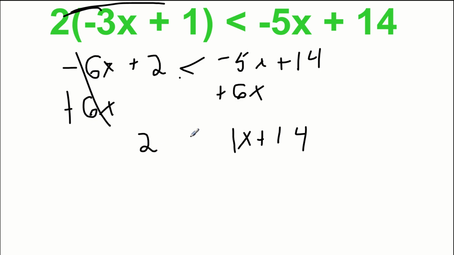Other side, we got the 2, and we got the less than symbol. Okay? Now when we move things away from the variable, we got to move the 14. We move it by doing the opposite, so I subtract 14 from each side. Those cancel out. So all that's left over here is 1x, which, like I said, that's just x. 2 minus 14, bigger number. That's a negative 12 then. Okay?